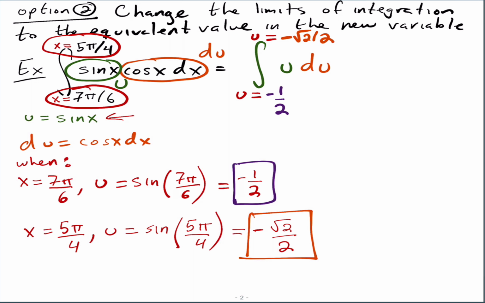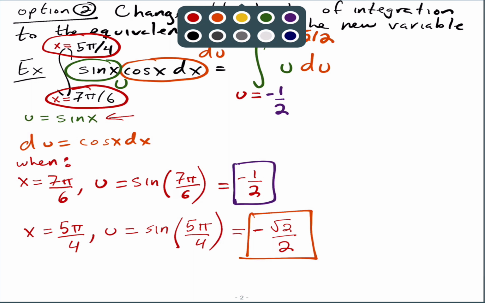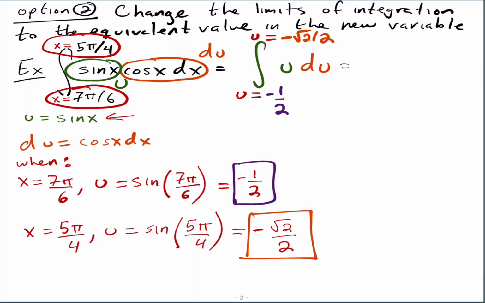Okay, so the nice thing about this, though, is that now we do the next step, right? Find the antiderivative. What do we get? u squared over 2, right?